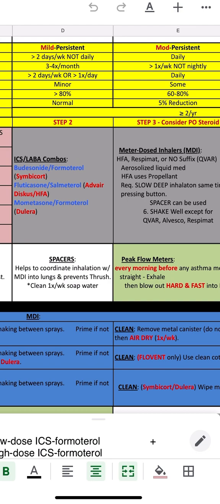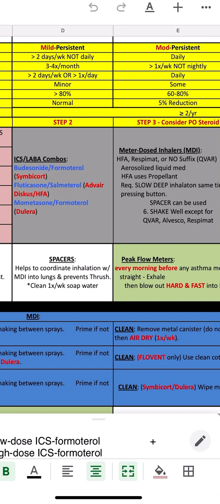Budesonide formoterol, Symbicort. Budesonide formoterol Symbicort, fluticasone salmeterol Advair Diskus, mometasone formoterol Dulera.